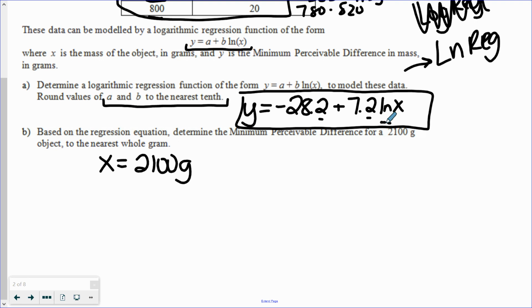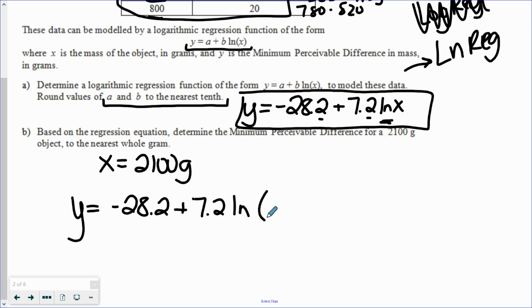But I would probably just substitute it in. That's what I personally would do, because that's easier than trying to graph it in the calculator and then find my graph. So 28.2 plus 7.2 times the ln of, now we know x is equal to 2100.